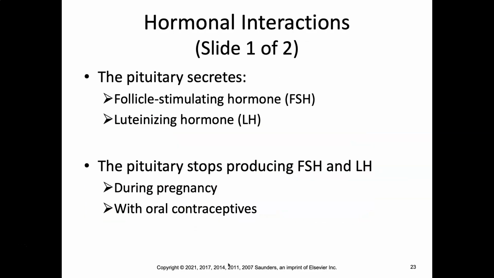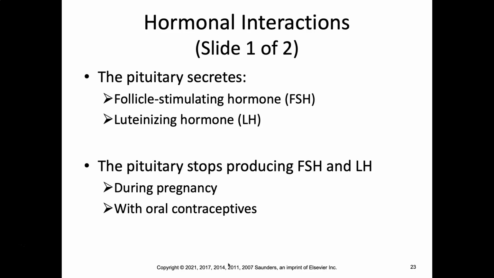So let's talk about hormones. What does the pituitary do? It secretes that follicle-stimulating hormone, FSH, and the luteinizing hormone, LH. It stops producing those two hormones during pregnancy and with oral contraceptives, birth control pills. So the FSH and LH are the hormones that are used in a woman having a period, menstruating.